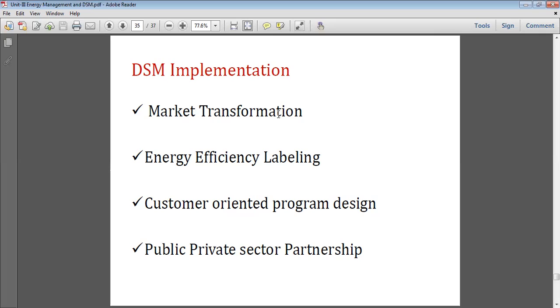So in the market, only star rated machines are available, and this is called energy efficiency labeling. Earlier only a few electrical gadgets, like refrigerators and ACs, were available with energy efficiency labeling, but nowadays you will find every electrical gadget is labeled with some energy efficiency marking, isn't it? Even I will give a simple example.